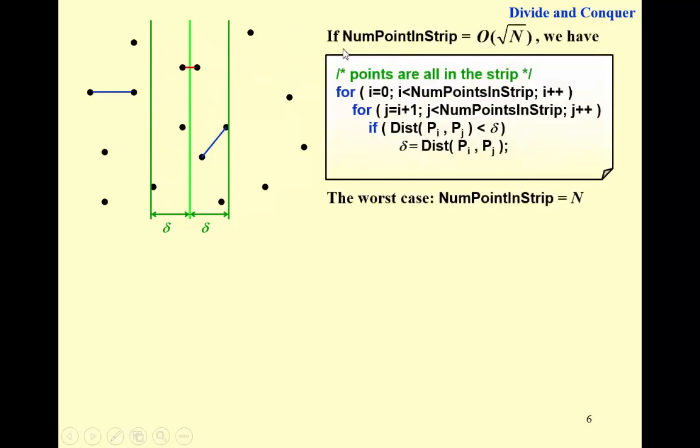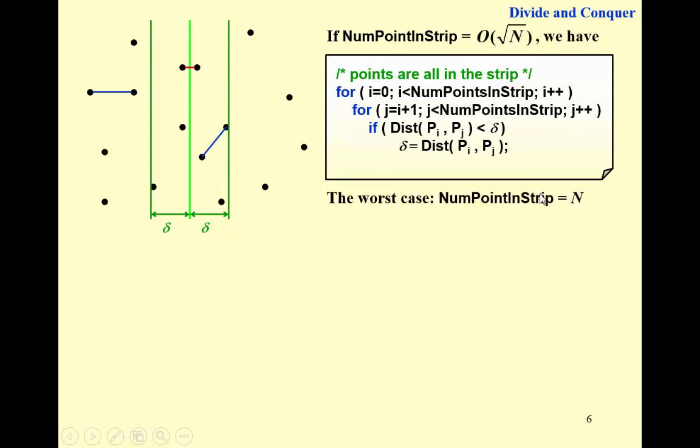And see, if the number of points in the strip is big O of square root of n, if there are only square root of n points in this delta strip, then we do the nested for loop to check all the pairs. These numbers are just square root of n, so put them all together, it's going to be n instead of n squared.